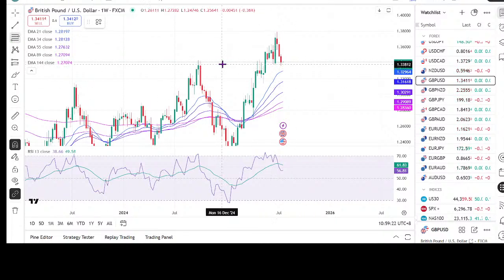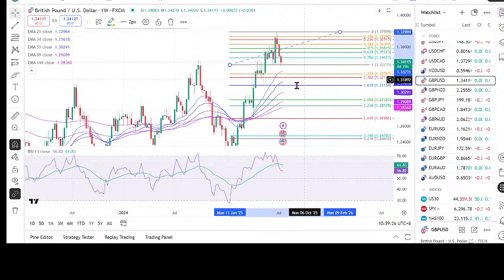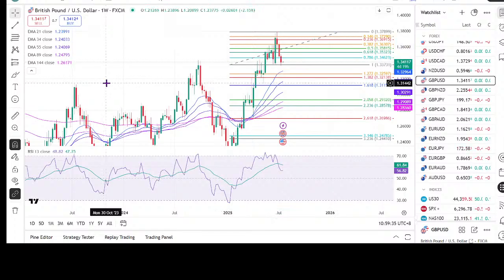So if let's say this breaks, then we are looking for a final target extension towards 132.20.